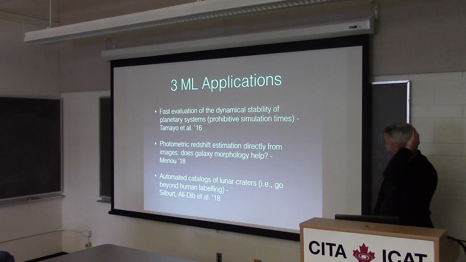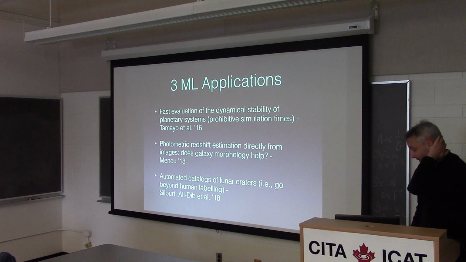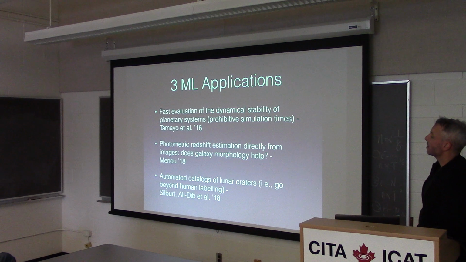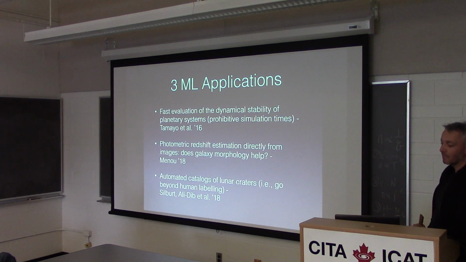The 3 topics that I'm going to discuss in terms of astrophysics are, first, the possibility to use machine learning to perform fast evaluation of the dynamical stability of planetary systems. That's work led by Dan, and he's going to give a talk in a few weeks about this.